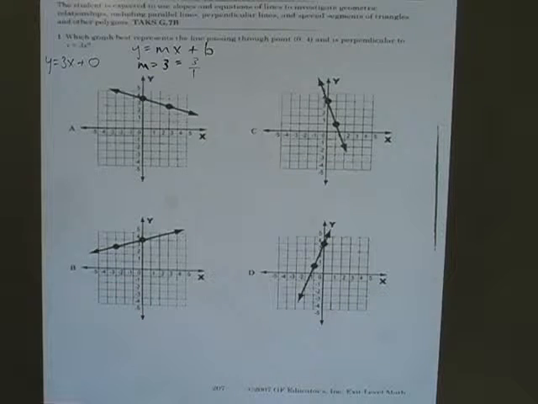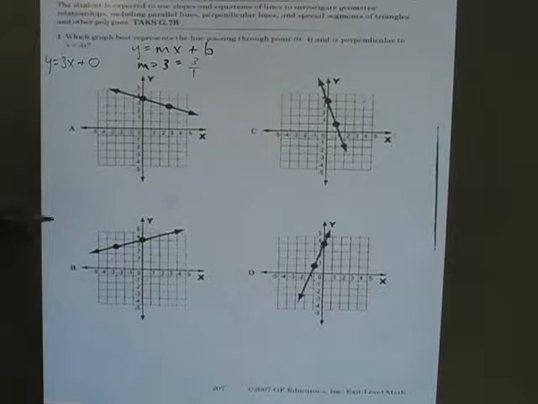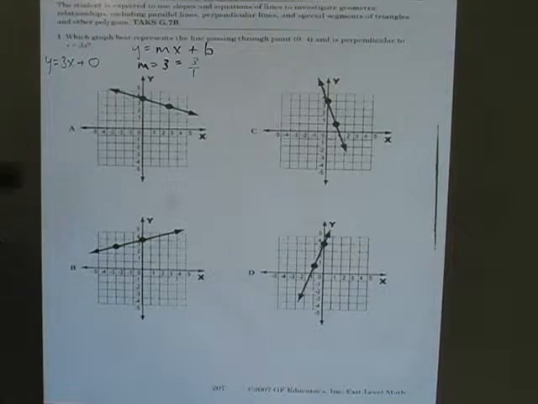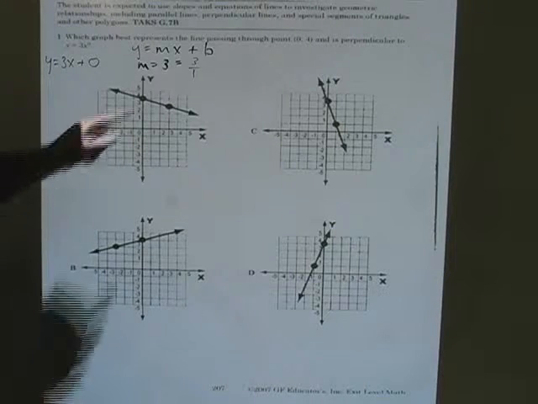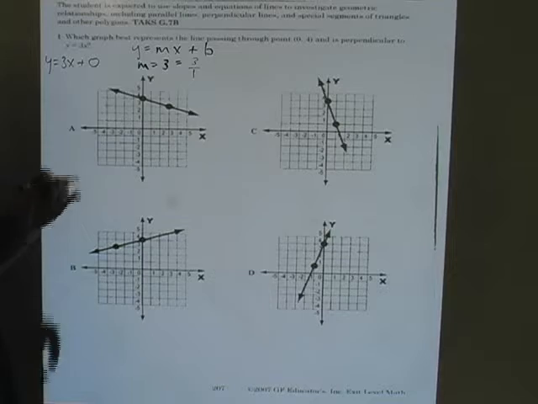So the b would be 0 in this case. Remember, we talked about it before in one of the earlier objectives: the m is the slope, the b is the y-intercept. So this line, y equals 3x, would have a y-intercept of 0 and a slope of 3, or 3 over 1. Okay, now, back to our problem.